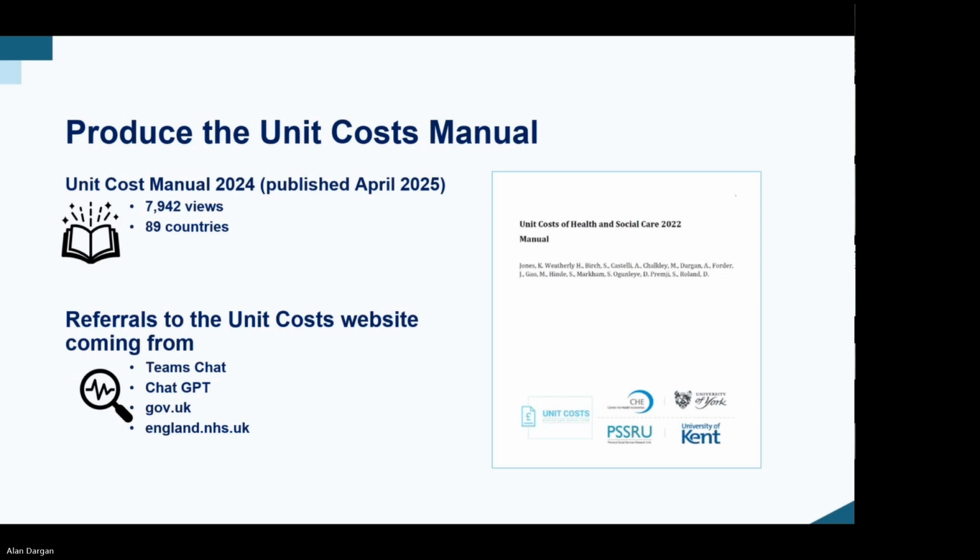As I understand, there are about 160 in the world, so about half, which I find mind-blowing. It's exciting because the more that this manual and the unit costs are used, the more value we extract from the research and the input from the research advisors and the research team that have tried to make this programme as good as possible.